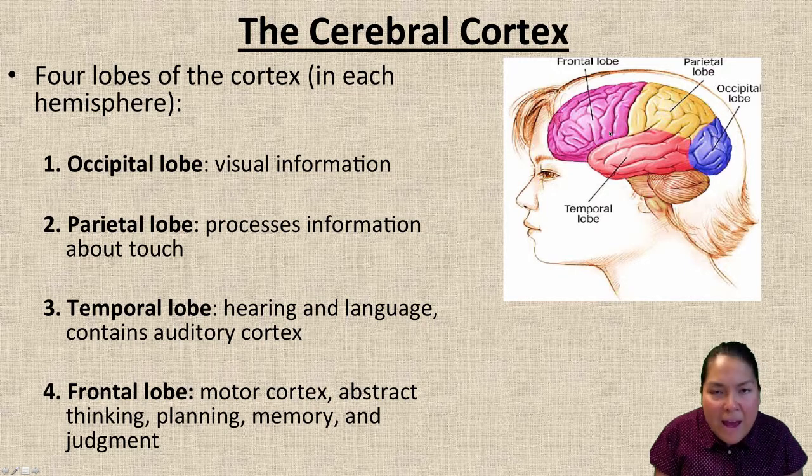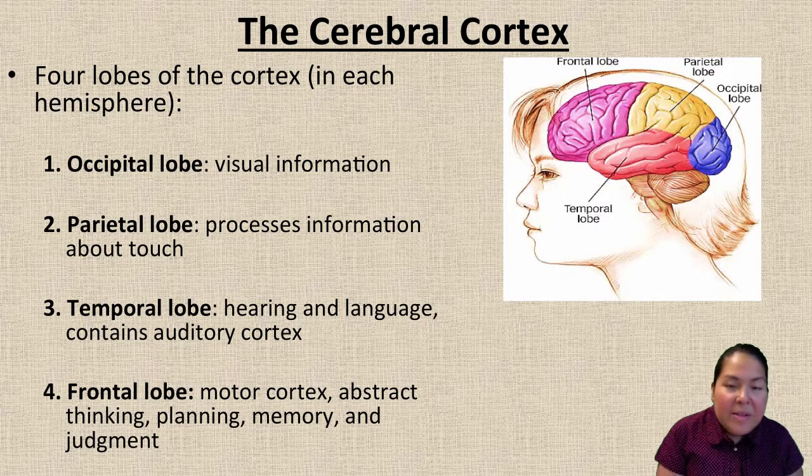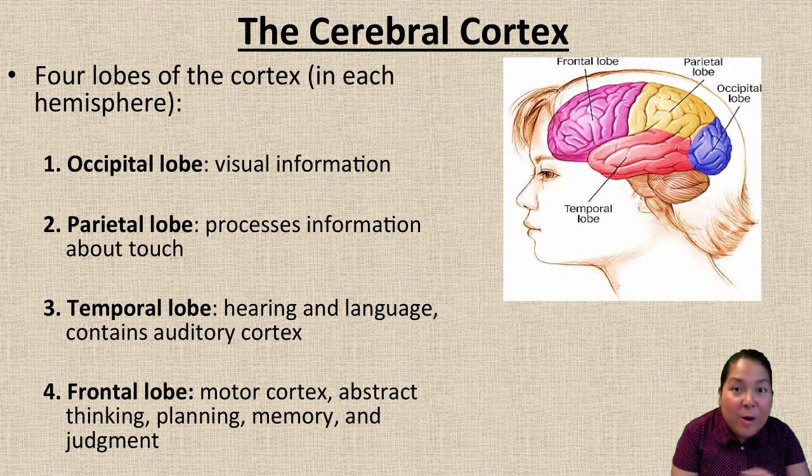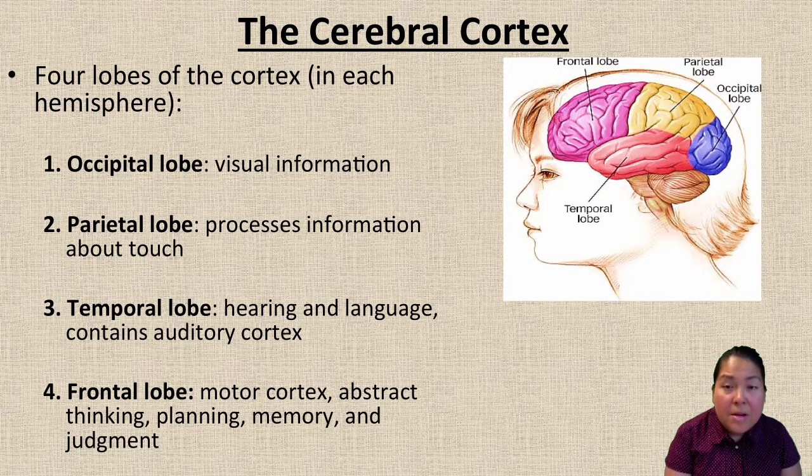So each lobe has a specific function, and starting back here and moving forward, the occipital lobe is responsible for visual information. So one example shared in an earlier lecture was if you fell back while playing sports or even walking on ice, if you fell back and hit your head, odds are that you came up and you were either dizzy or you might have lost consciousness, given how hard the fall was.